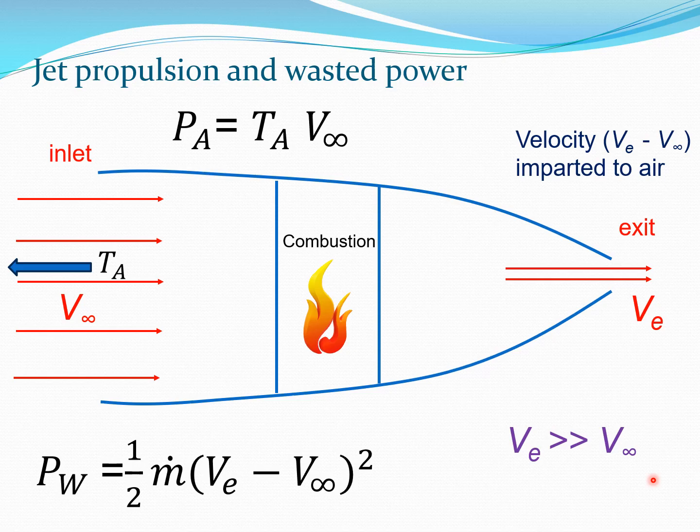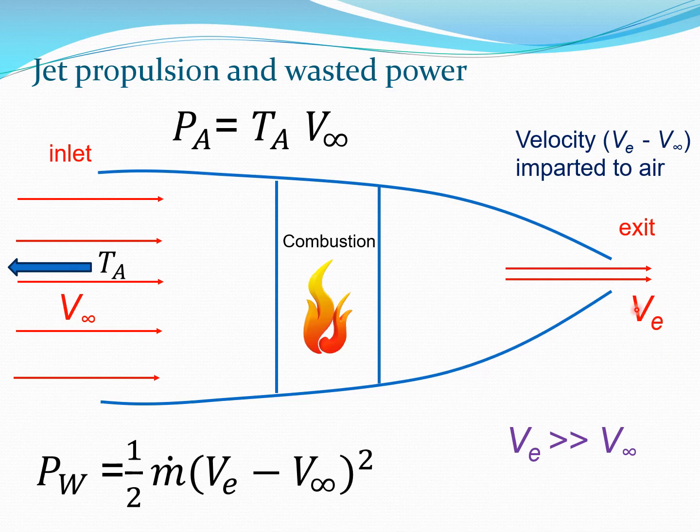Now there are some things which of course are going to happen because you have produced this thrust. One of them is of course you have expended power, and this is power which you need because this power is dependent on the available thrust. But something else has happened: if you are somewhere far behind the jet, at some distance behind the jet, you are going to see that there is this excess velocity.